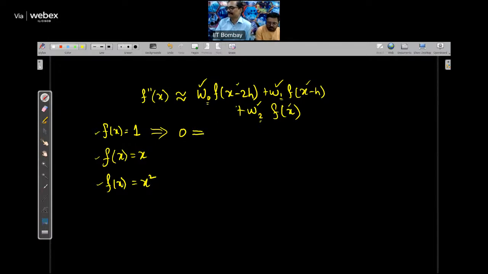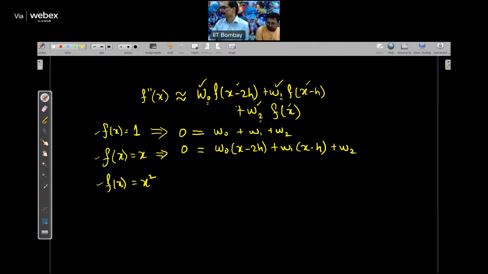Therefore, you will have 0 equal to W naught plus W1 plus W2, and that is one equation. Similarly, for f equal to x, you have f double dash, which is 0 on one side, and on this side you have W naught into x minus 2h, plus W1 into x minus h, plus W2 into x.